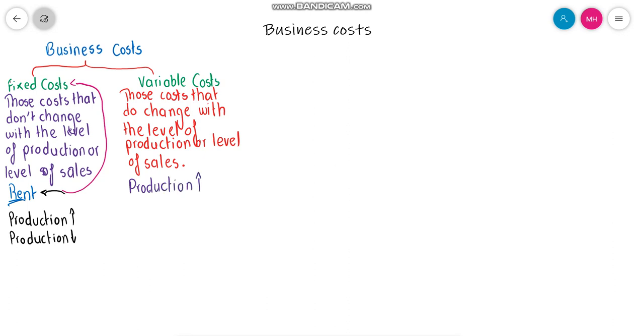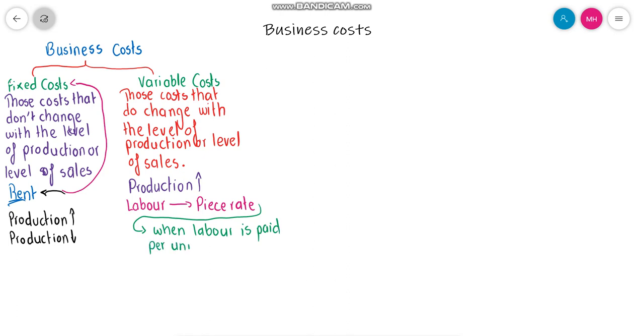And the way you pay your labor is by using piece rate. Piece rate is when labor is paid per unit of output, so the amount of output they make determines their wage.